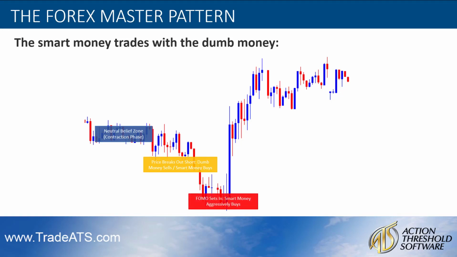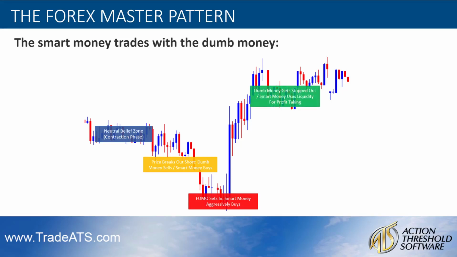The opposite of this, because this is the expansion phase, and we know that from what we're doing, we know this is the second phase. This is where the FOMO sets in. Smart money starts to aggressively buy the other side, because the dumb money traders are starting to sell more and more because they're chasing the market, and smart money accumulates the other side of that, and then the market goes in its actual direction, which is up in this case.